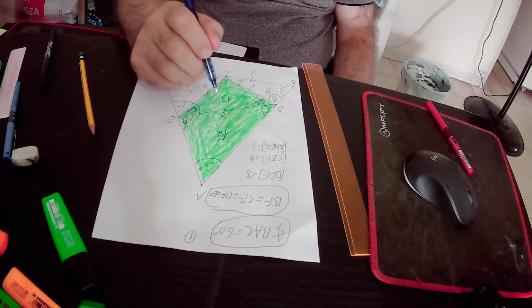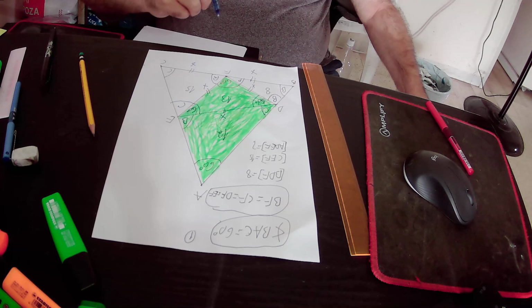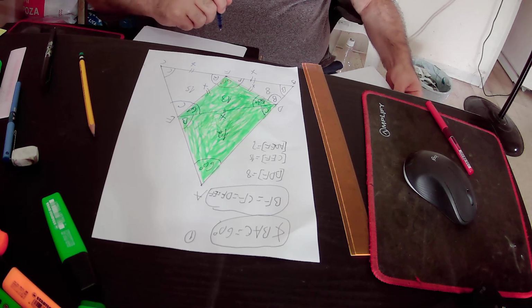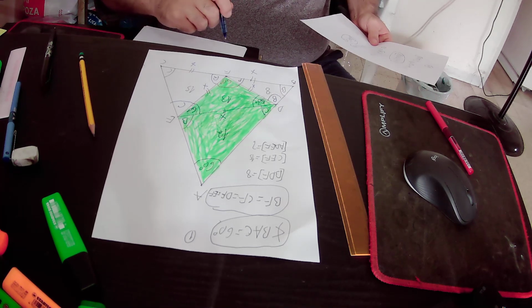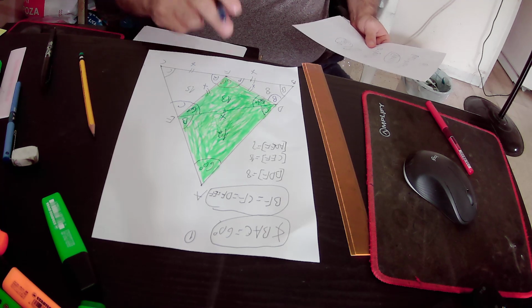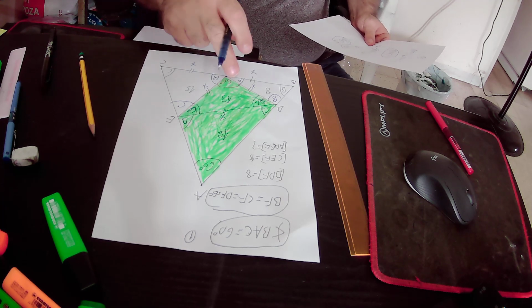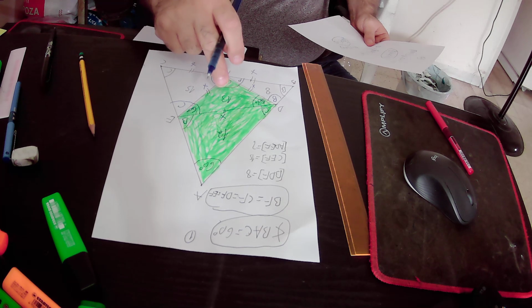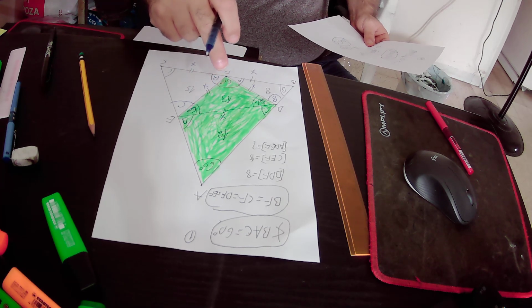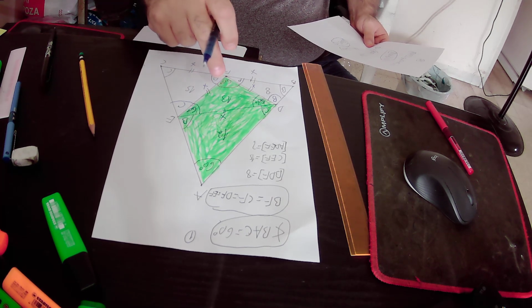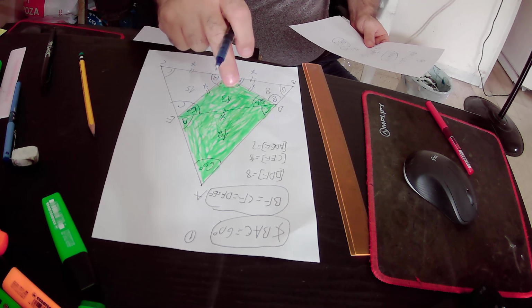So the area of the green shape equals the sum of the areas of the two triangles, the equilateral triangle DEF and the triangle ADE.